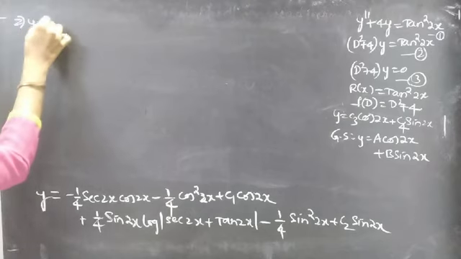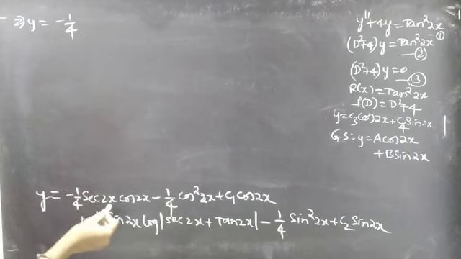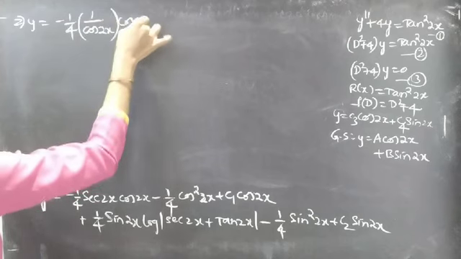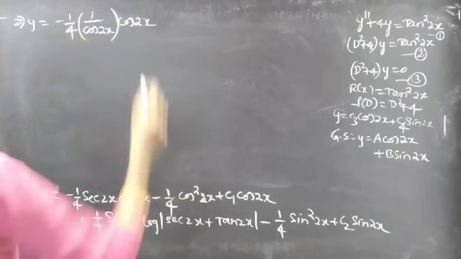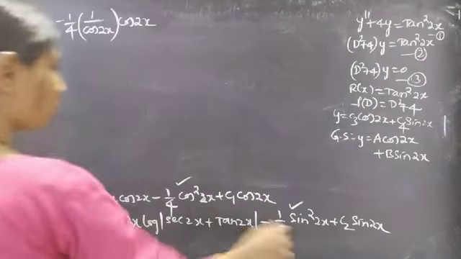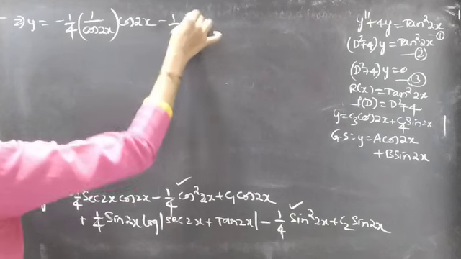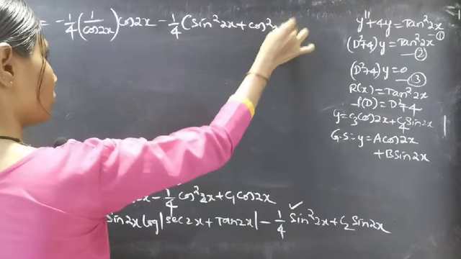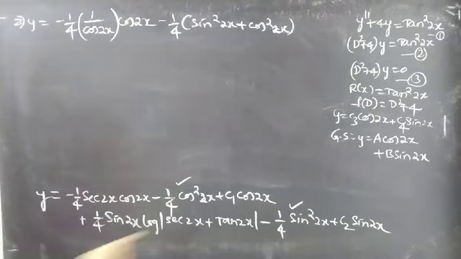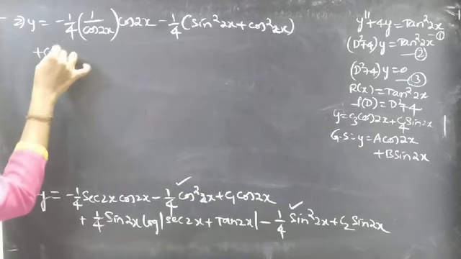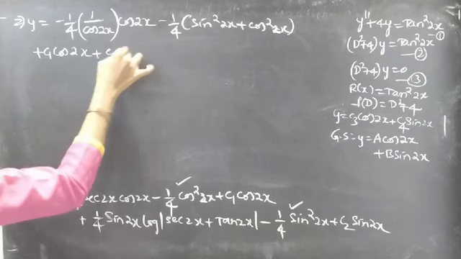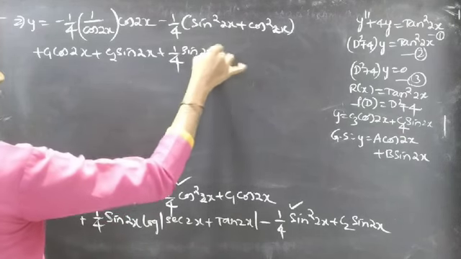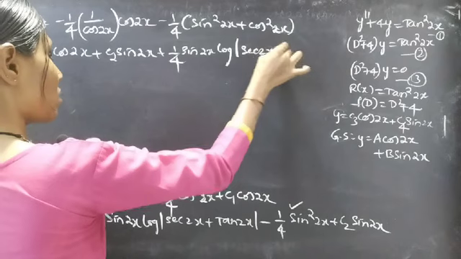Now y becomes minus 1 by 4 into, let's replace secant 2x by reciprocal of cos 2x so that cos 2x gets cancelled in the next step into cos 2x minus, now take minus 1 by 4 common from these two terms, we'll get minus 1 by 4 times sin square 2x plus cos square 2x plus c1 cos 2x plus c2 sin 2x plus 1 by 4 sin 2x into log mod secant 2x plus tan 2x.